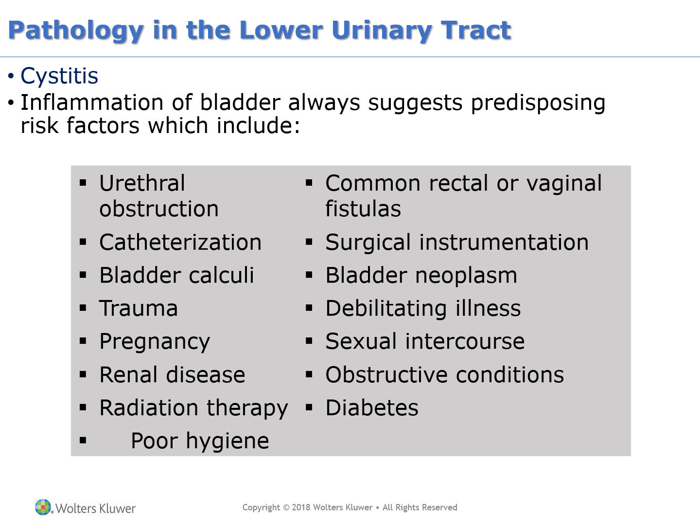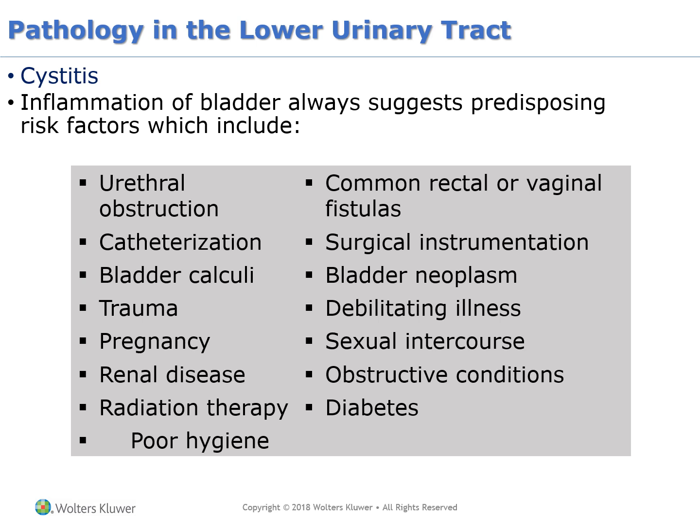Poor hygiene would increase the probability of introducing a urinary tract infection. Then there are rectal or vaginal fistulas, where the rectum or the vagina actually communicates with either the bladder or the urethra. We know that those are not sterile areas, and so the introduction of materials from the vagina or the rectum could cause that inflammation and then the cystitis.